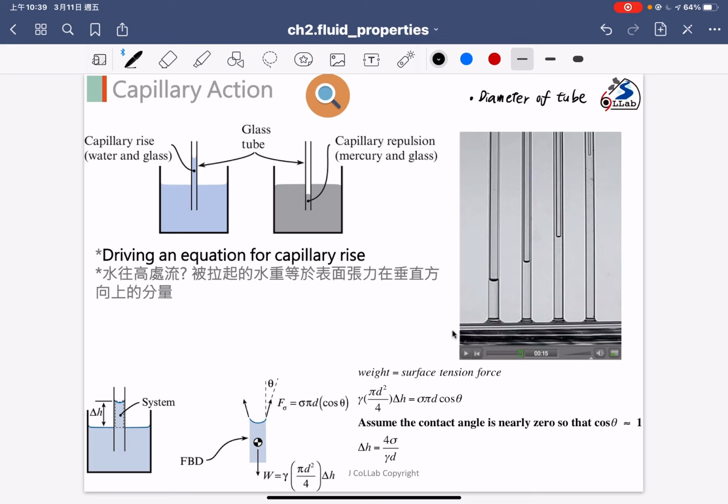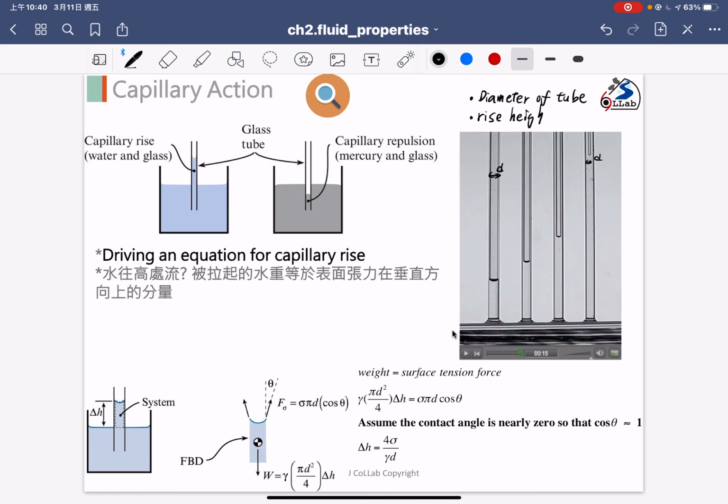This is the diameter D, and from left to right the diameter decreases. The information we can capture from the images is the rise height.